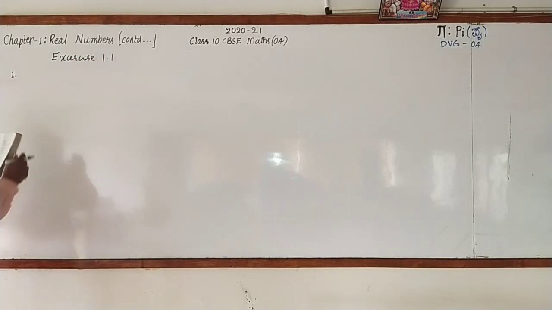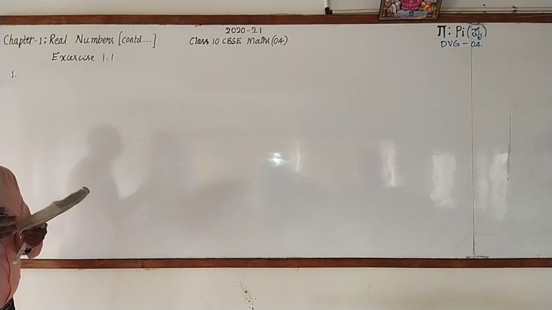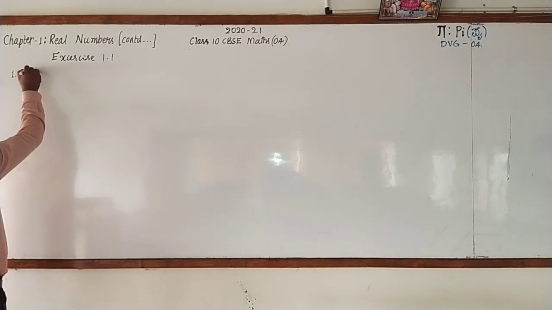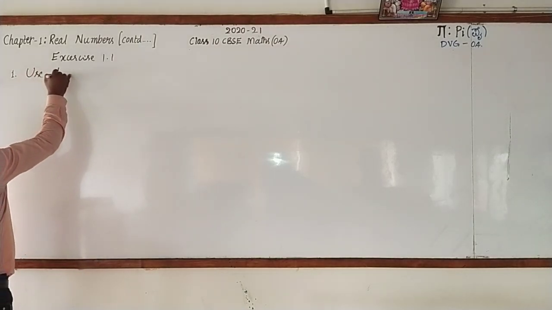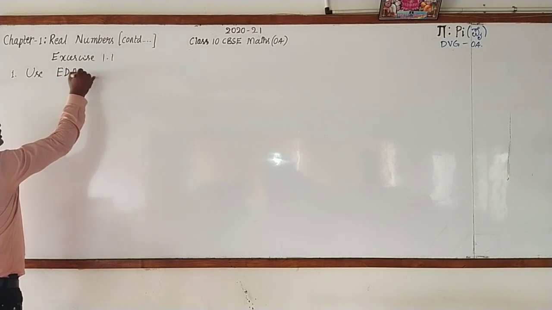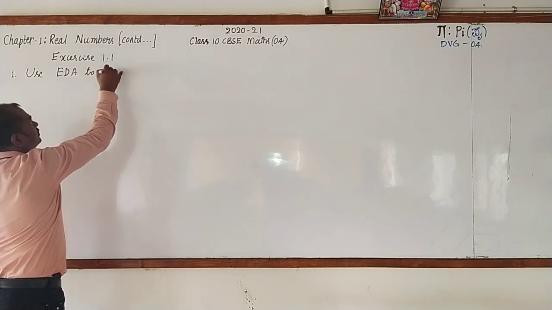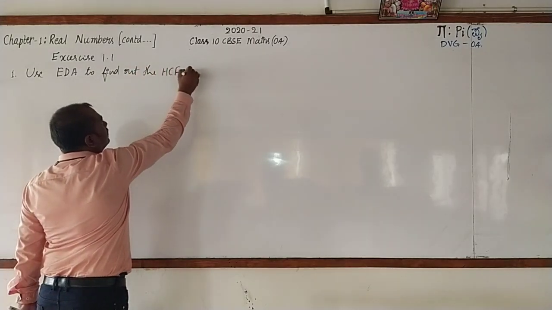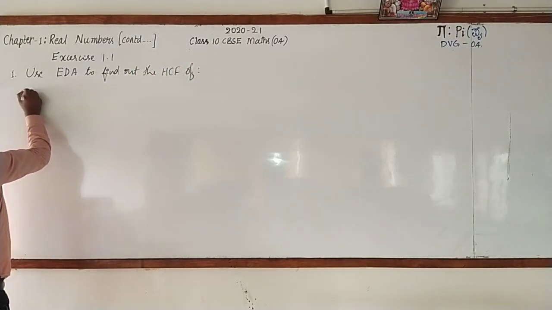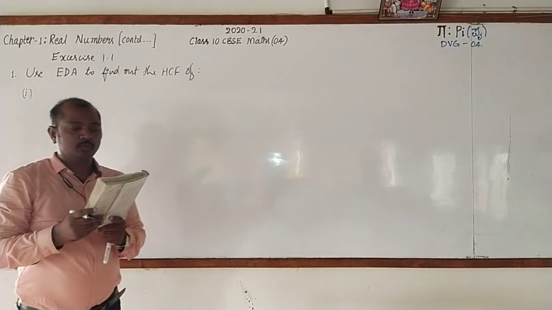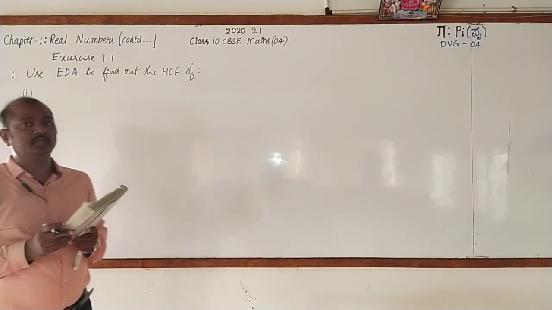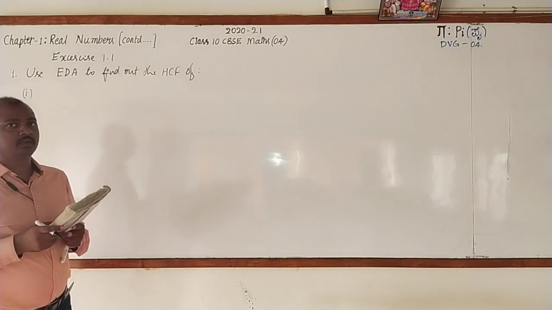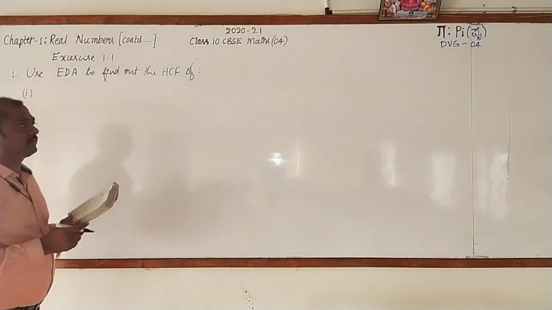In that first one, use Euclid's division algorithm to find the HCF of the very first one, 135 and 225. It was already over. The HCF was 45, right?